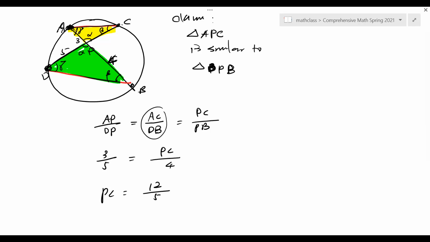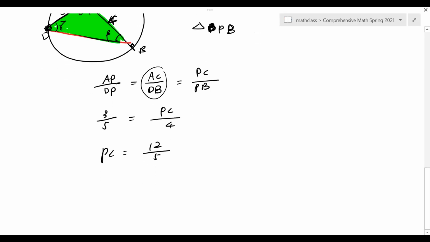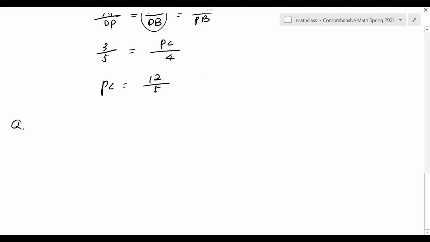Got it? Now, if you know how to solve this problem, the next problem will be much easier. This is from your homework. All right.